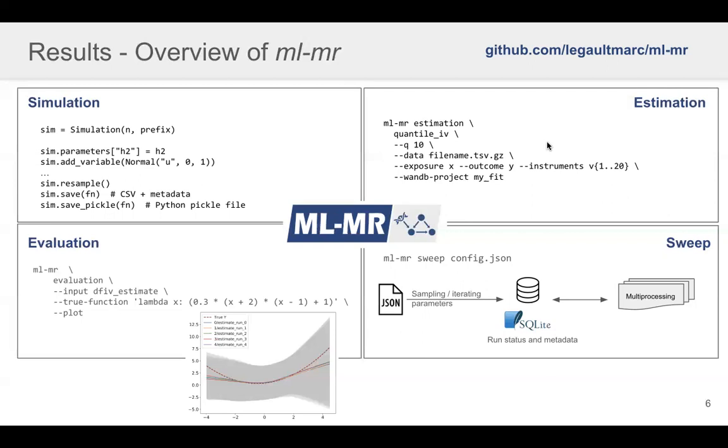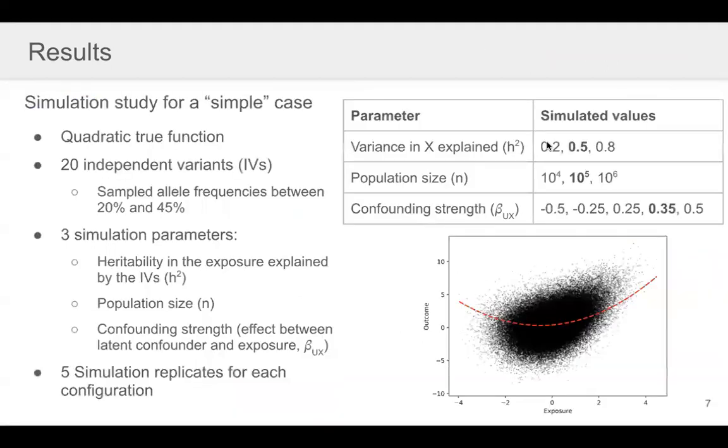Finally, the bottom right shows the hyperparameter sweep module that uses JSON configuration files to describe sweeps and generate an SQLite 3 database that's used to store the run parameters and the run status. Access to this database is shared by the multiprocessing processes in order to execute the sweep in parallel.